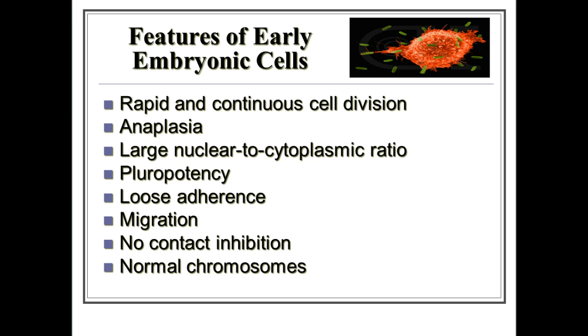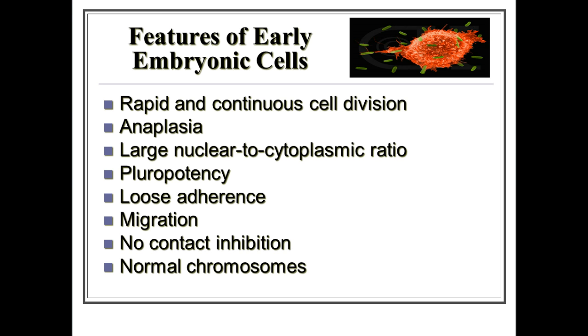Pluripotent, so they can be potent and do things in various different areas. They have loose adherence. They have migration. They have no contact inhibition, and they have normal chromosomes.